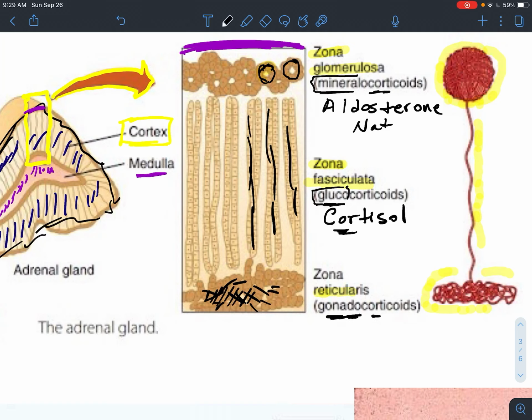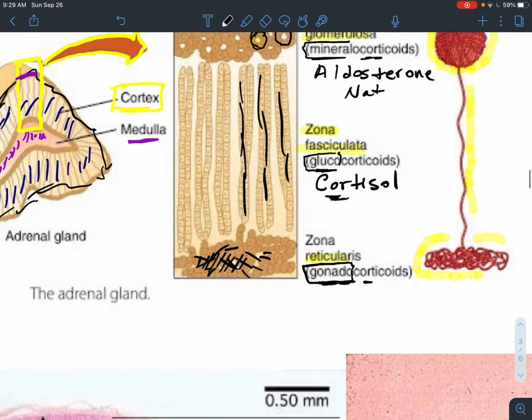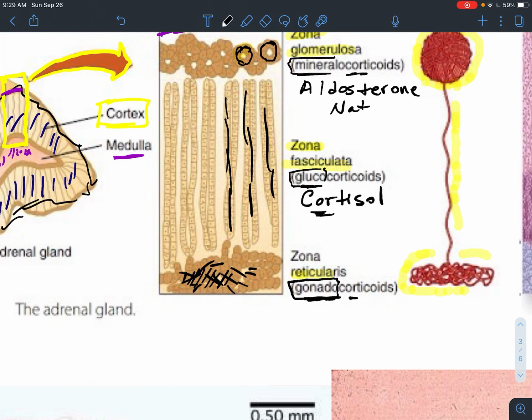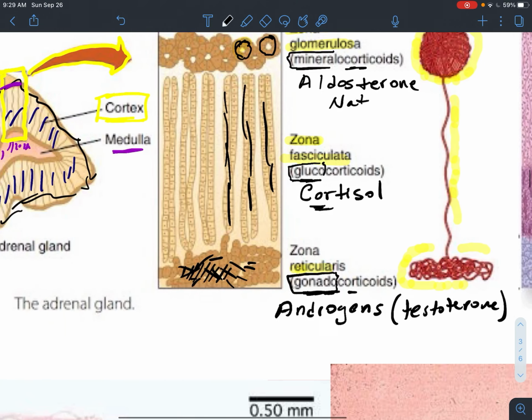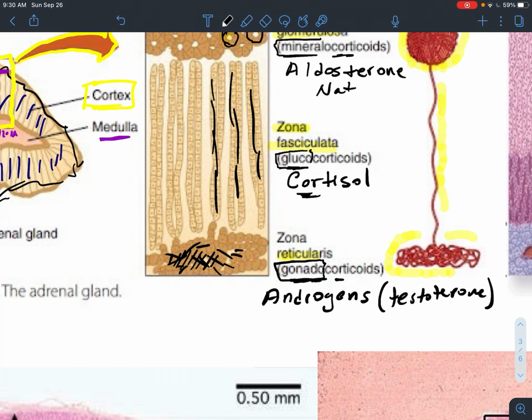gonadocorticoids. Now, the word gonado means gonads or sex organs, right? And so this one is famous for making androgens, and testosterone is a type of androgen. So things that are similar to testosterone. And these androgens can also get converted into estrogens eventually by the body.